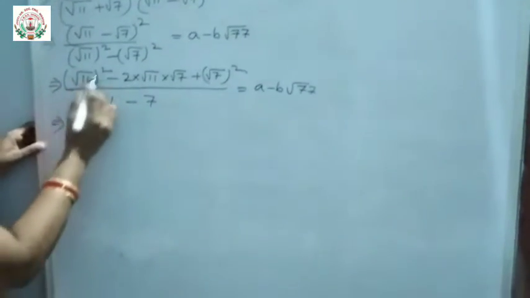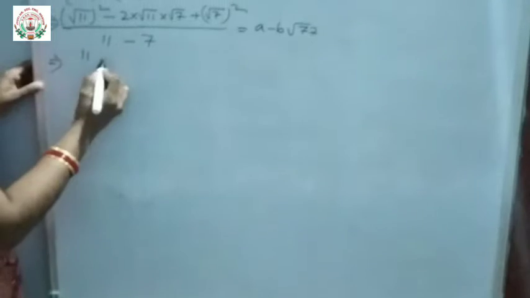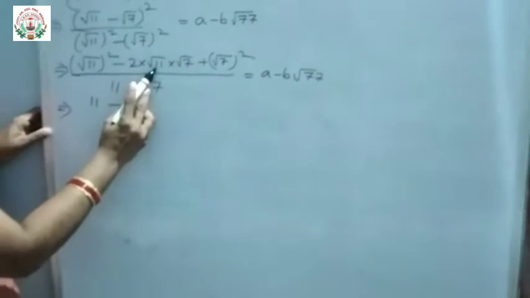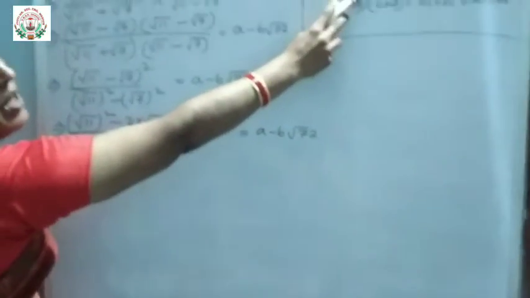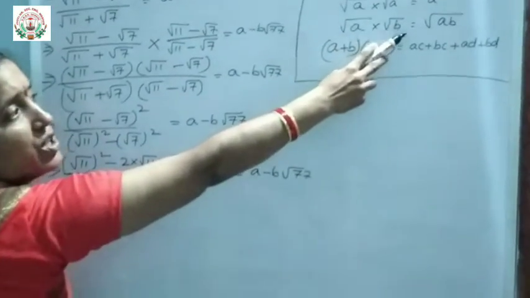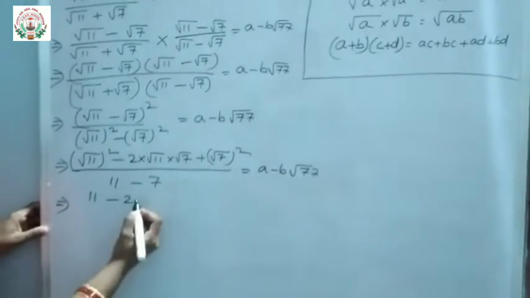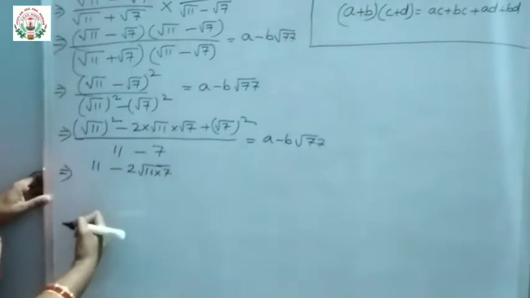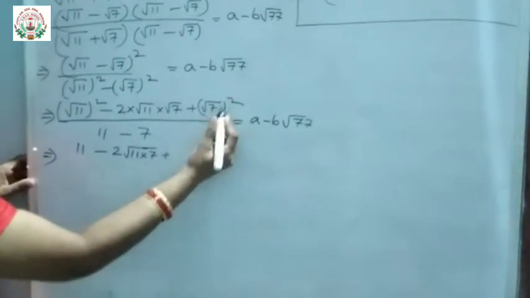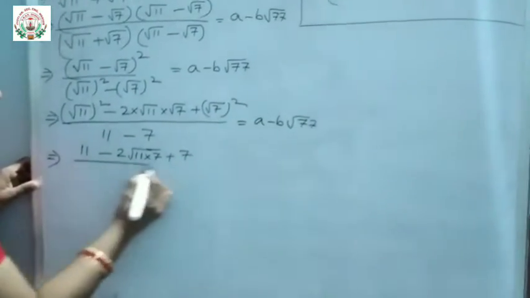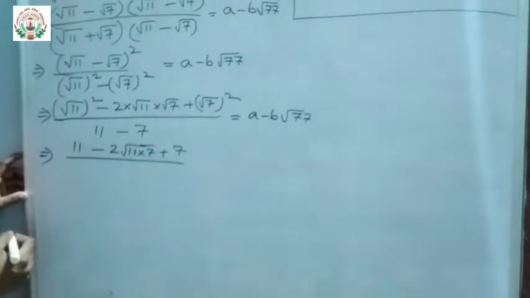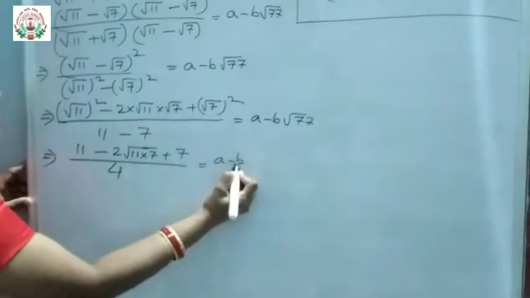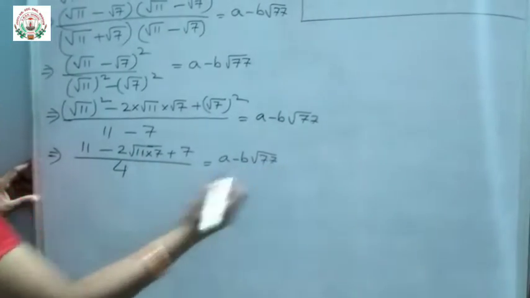Now root 11 square will be 11 only, minus 2, and here you can see the root a into root b formula. Root a into root b will be how much? Equals root ab. So it will be root 11 into 7. Clear now? Plus root 7 square will be 7. 11 minus 7 will be how much? 4, which equals a minus b root 77.